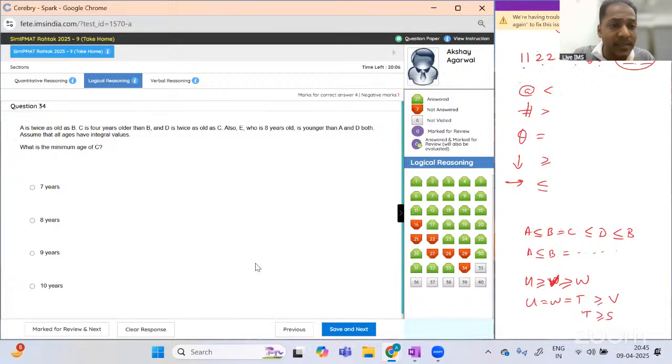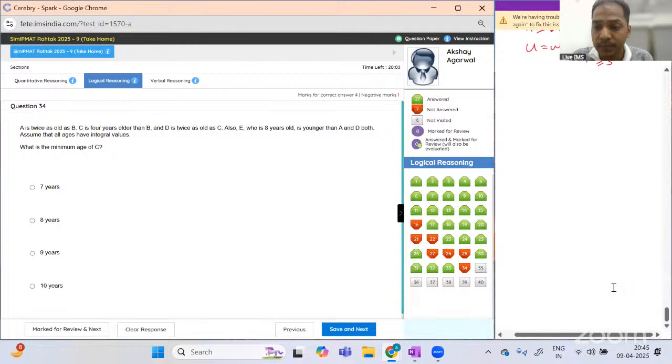Okay, very quickly. A is twice as old as B. C is 4 years older than B. And D is twice as old as C. Also, E, who is 8 years old, is younger than A and D both.